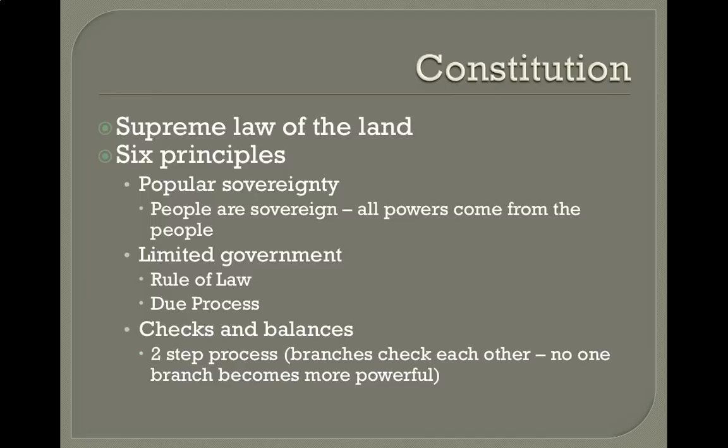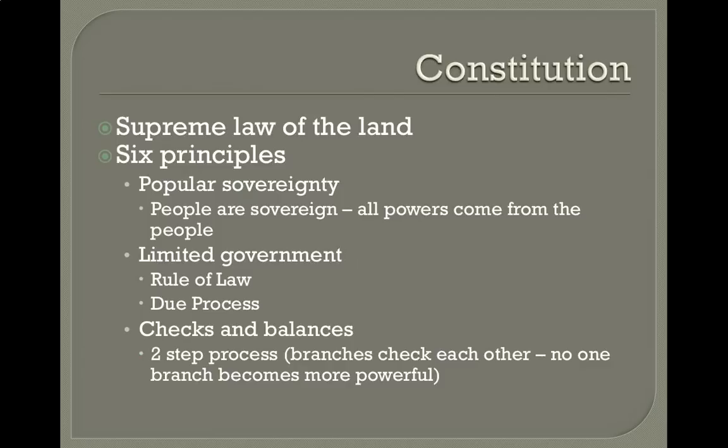The next principle is the idea of checks and balances. We have a 2-step process. Each branch is responsible for their own powers, and we'll talk about separation of powers here in a second. Each one of them has their own powers, but no one branch can do anything without having a second step done by another branch of government. Congress makes the laws, but the president signs them, or he can also veto them.